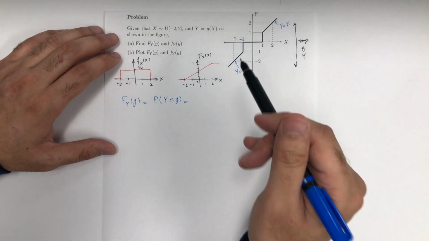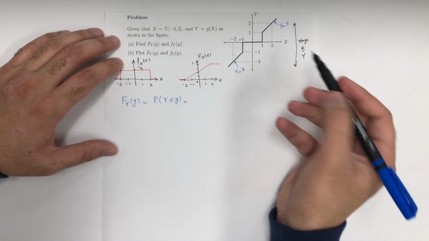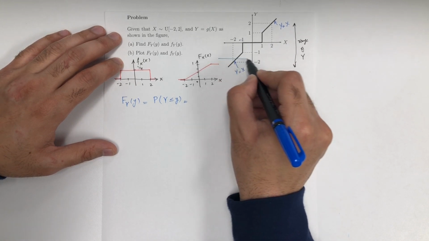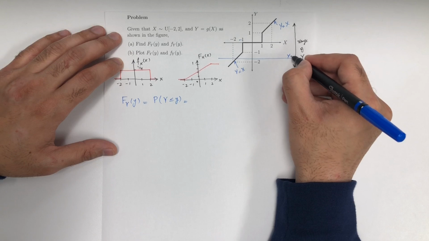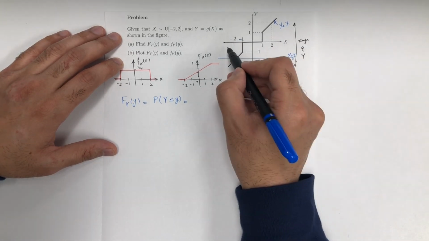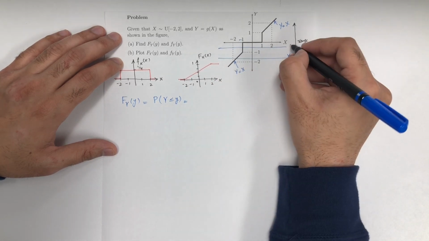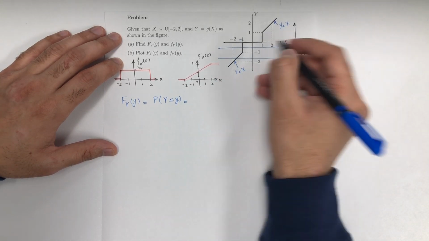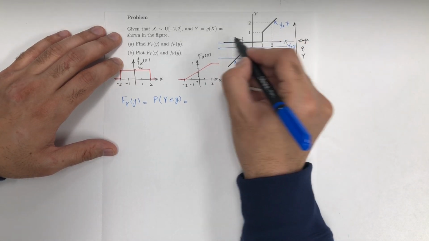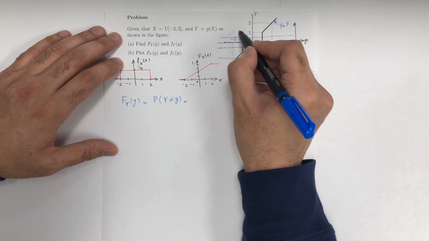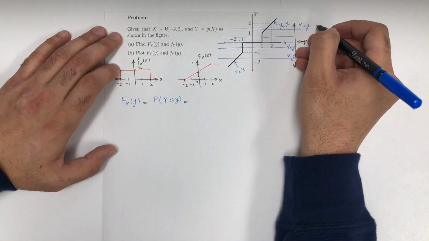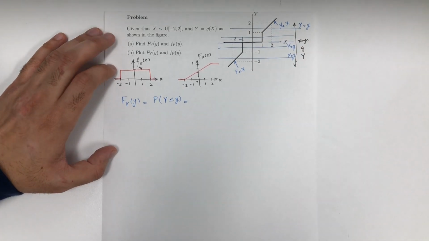So the possibilities of y taking a small value y can be, for example, somewhere between -2 and -1, or somewhere here, or it can be exactly 0, or it could be between 0 and 1, or between 1 and 2. So these are all the possibilities that the random variable y can take.